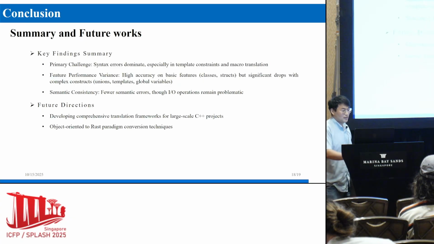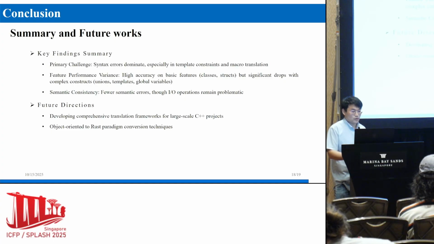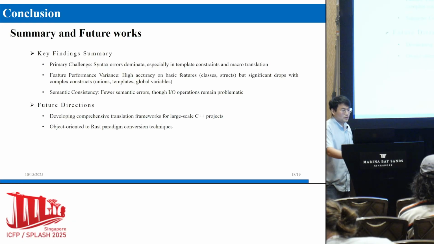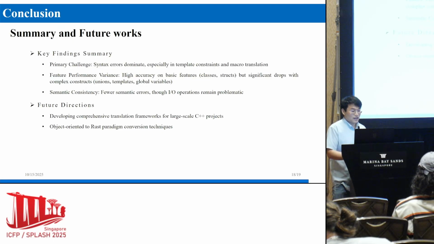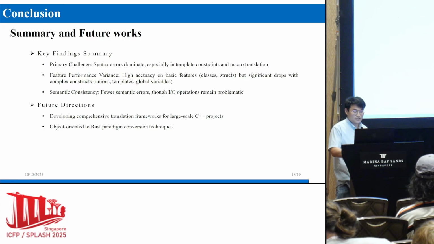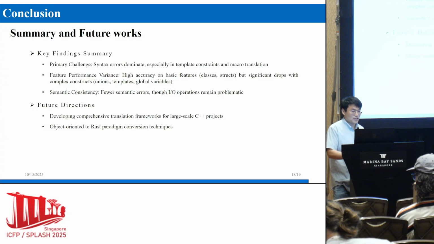Our summary and future work: the main challenge is syntax errors. The first thing we need to do is fix the syntax errors, with some effort to improve the syntactic correctness of the Rust code. The next is feature performance variance. We have found high accuracy on basic features, but significant drops with complex constructs such as unions, templates, and global variables.